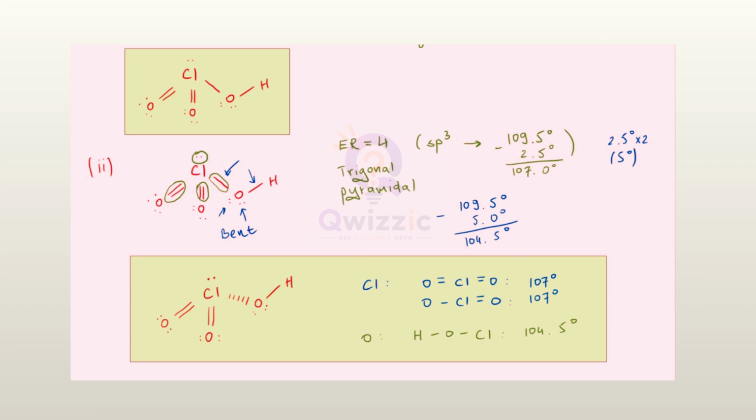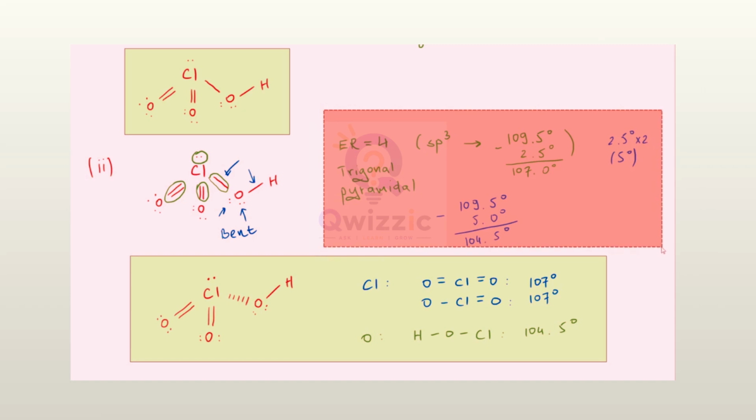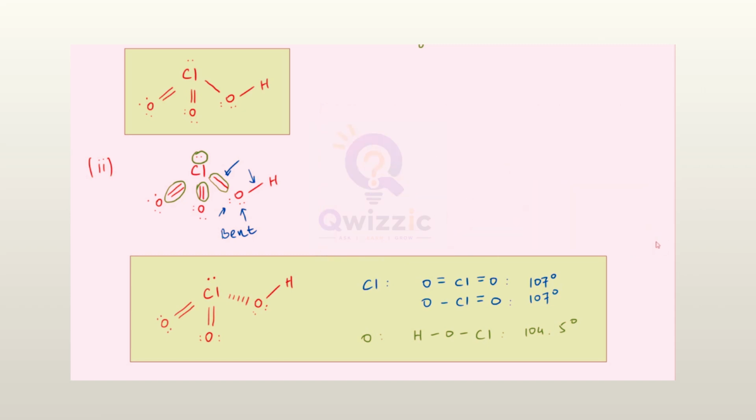And finally, we are ready to answer the final question in this problem. What about the net dipole moment? We have to recall that the net dipole moment corresponds to the vector sum of the individual dipole moments. Each oxygen atom is more electronegative than chlorine.